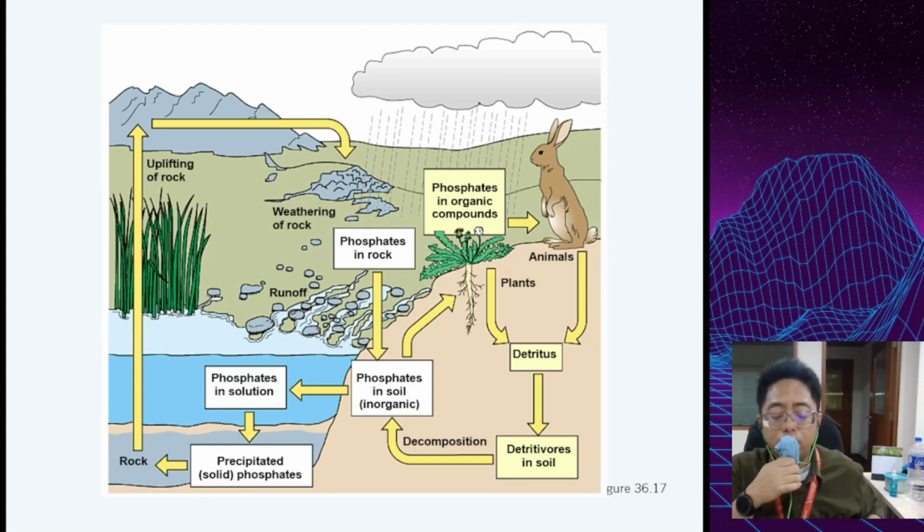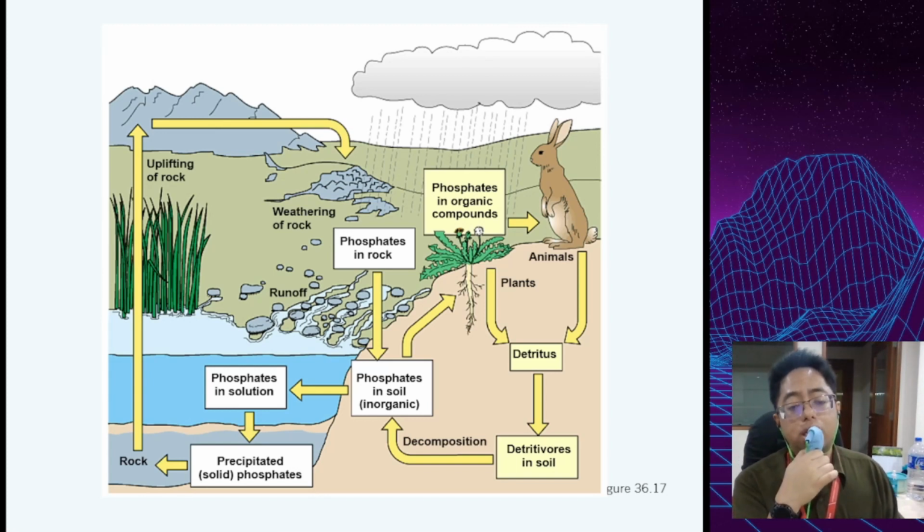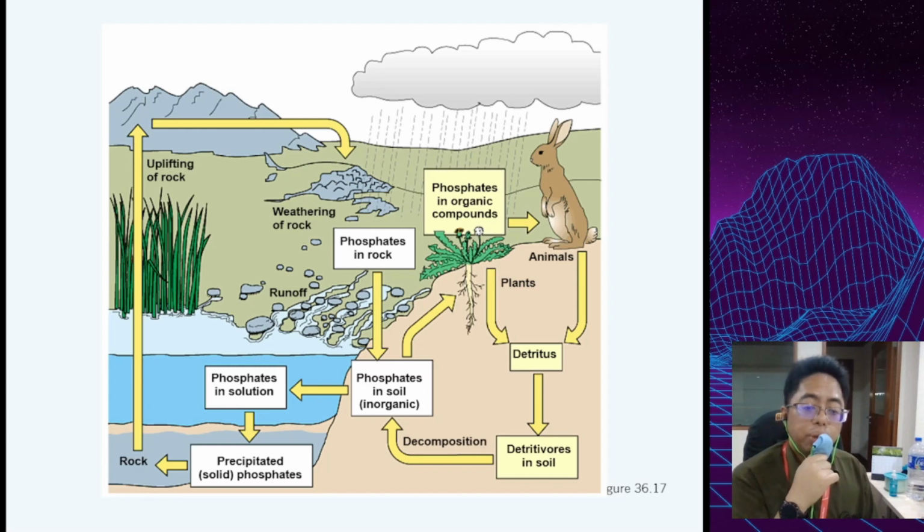So when they are deposited into soil, the plants will be able to take in the phosphate from the soil. And animals that eat these plants will also get the phosphate. And when both of them die, the detritus will be decomposed by detritivores in the soil to re-release phosphate back into the soil.